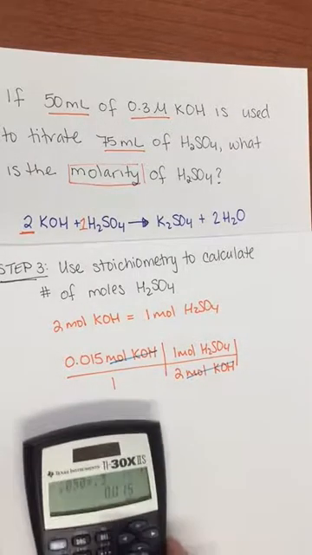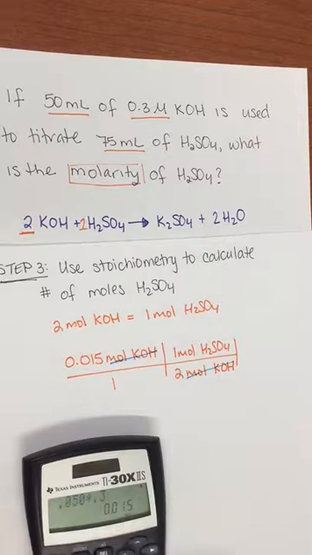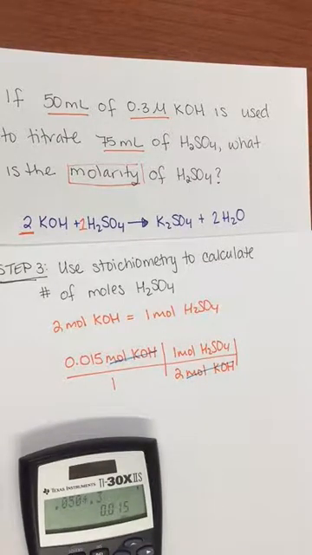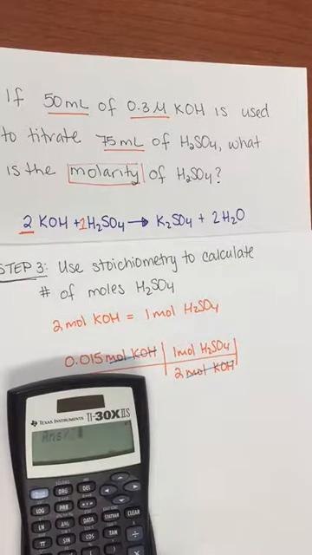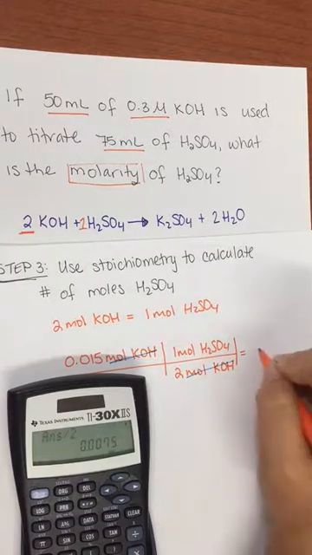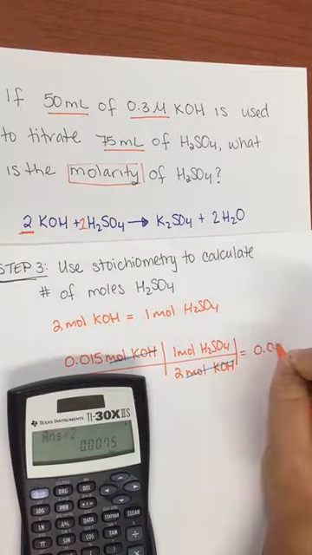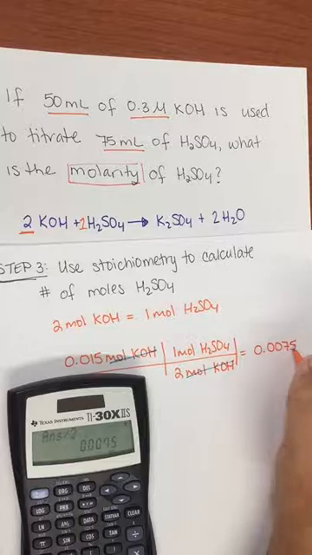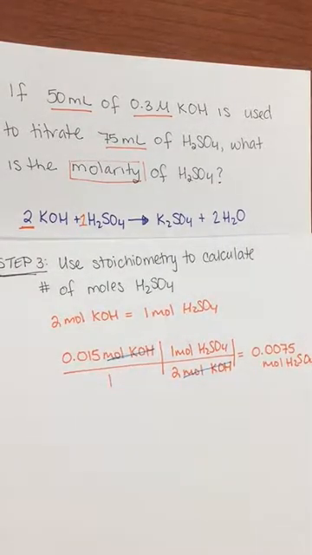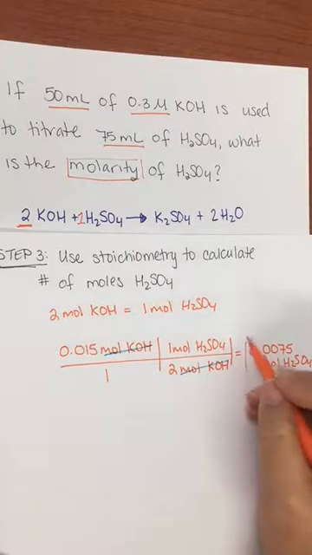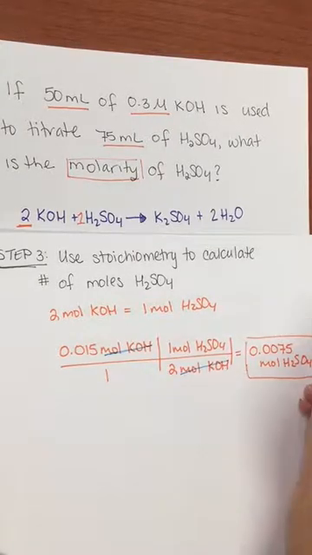I take my 0.015 and divide that by 2, which equals 0.0075 mole H2SO4. So this is how many moles of H2SO4 I have.